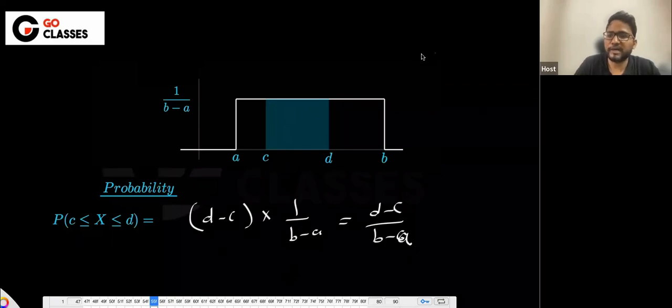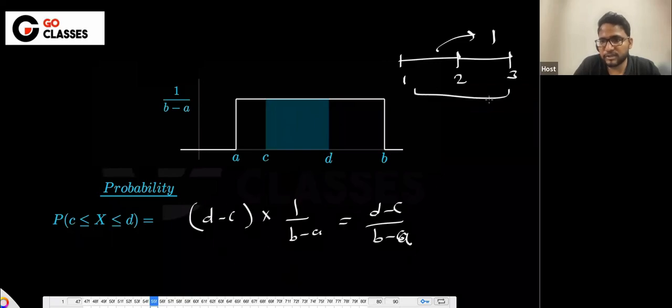Length of the interval and the number of points in the interval are actually different things. If I ask you the length of this interval, you will say it is just 1. Similarly, the length of this interval is 2, right? And if I ask you the number of points in between 1 to 3, including 1 and 3, these are 3.